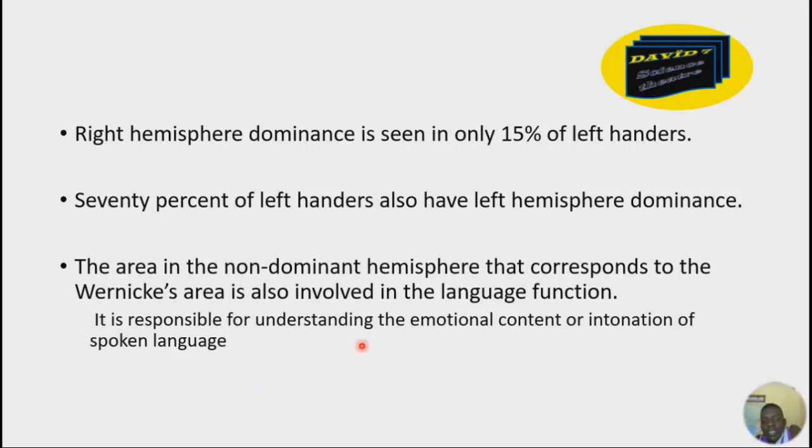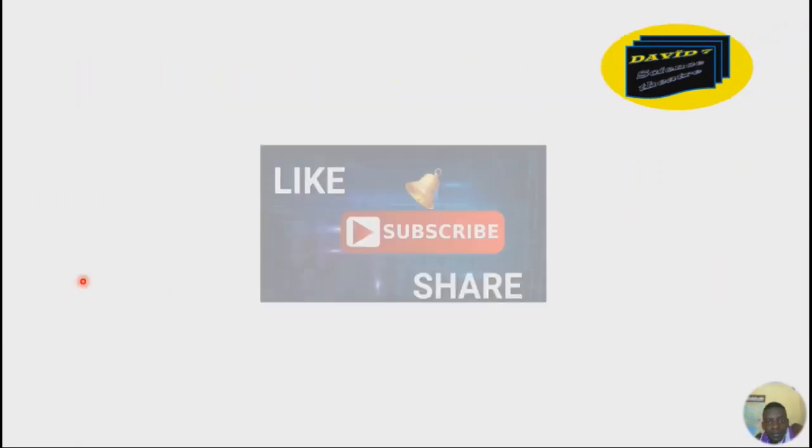It is responsible for understanding of emotional content and intonation of spoken language. Alright, so you can see this. I talked about a region in the non-dominant hemisphere which corresponds to Wernicke's area.